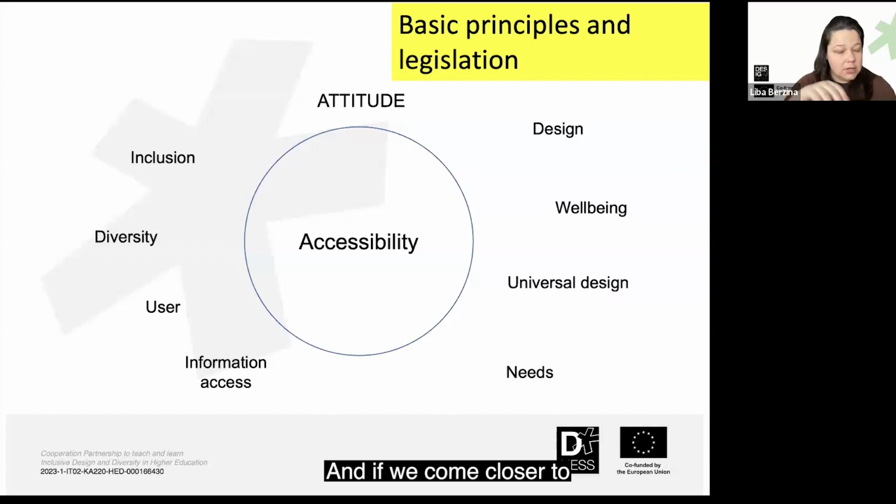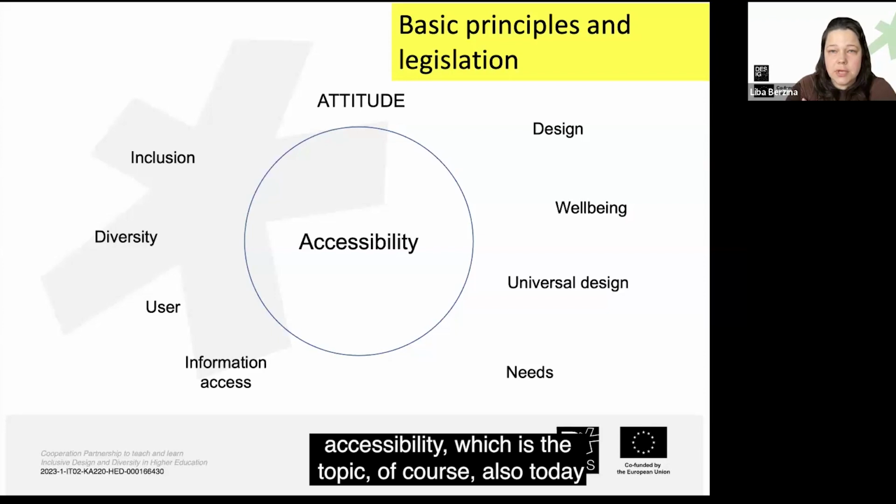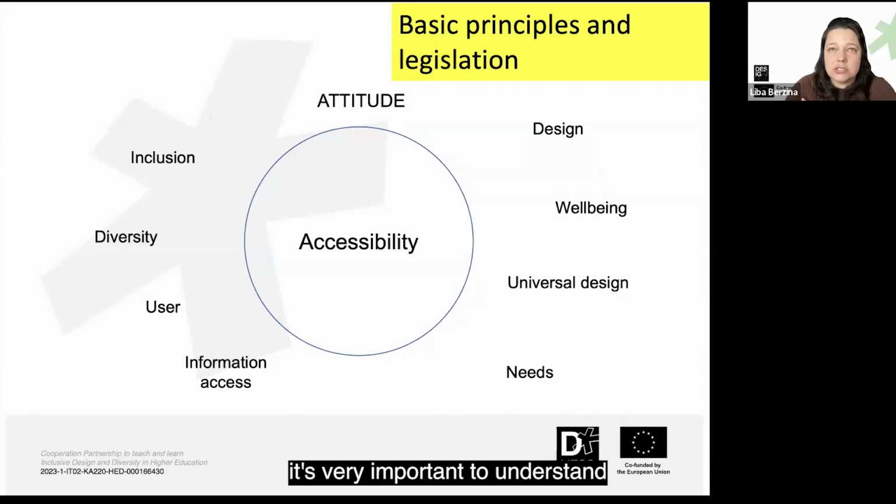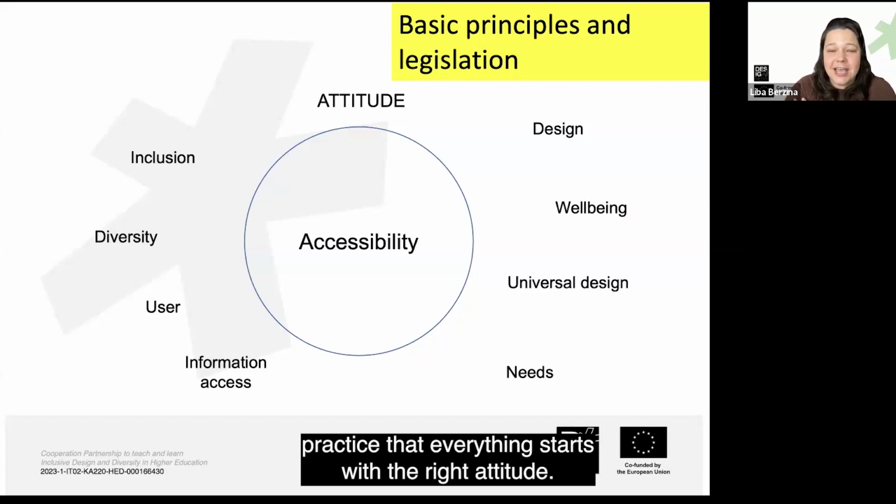And if we come closer to accessibility, which is the topic today, of course, it's very important to understand it's a very complex thing. And as you see up there, it's written attitude in very big letters, because I believe and I see in my daily practice that everything starts with the right attitude.